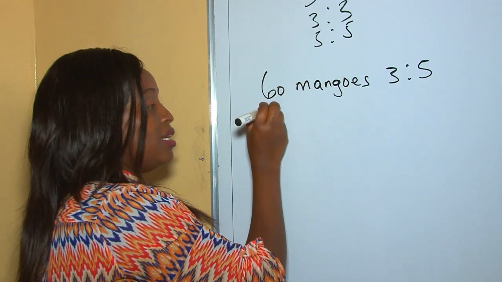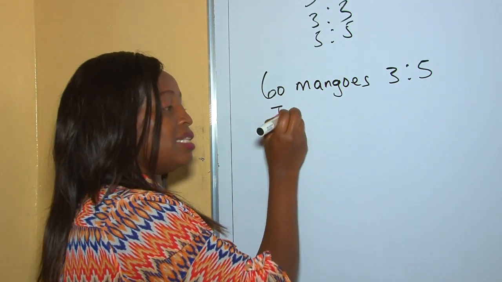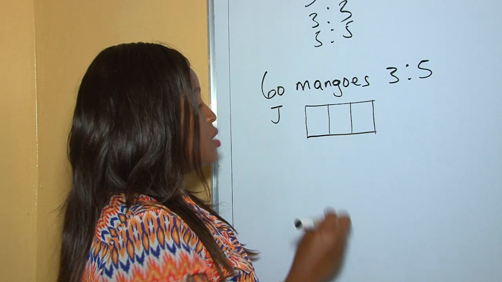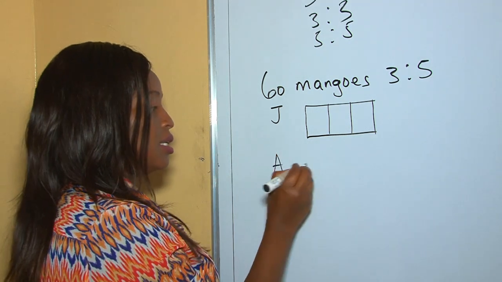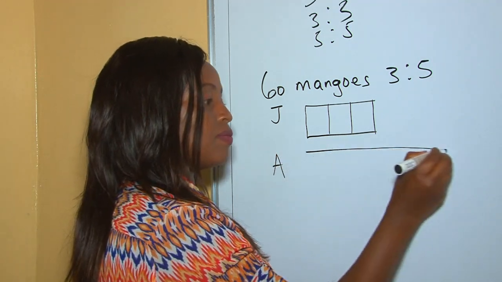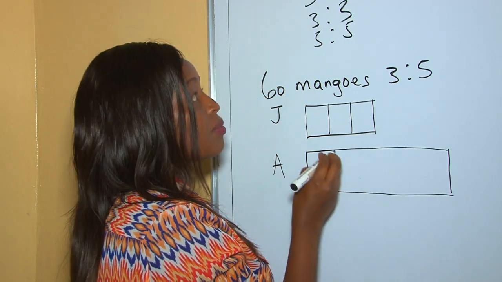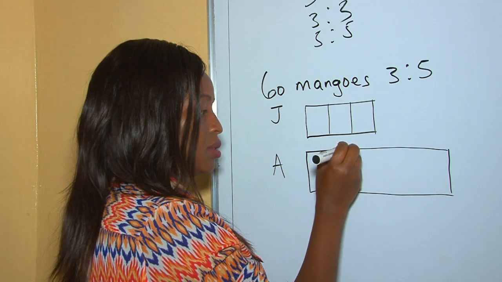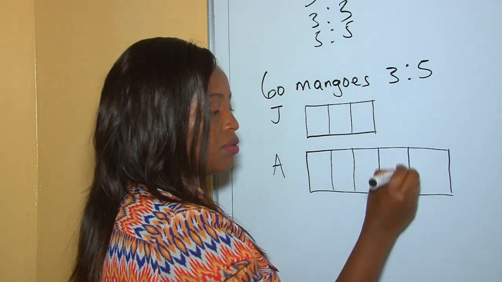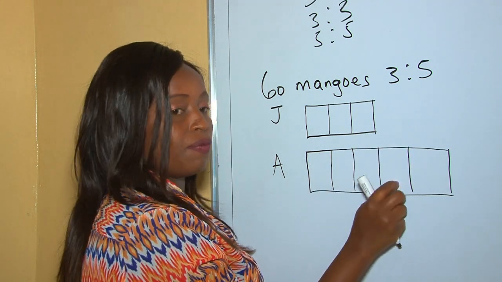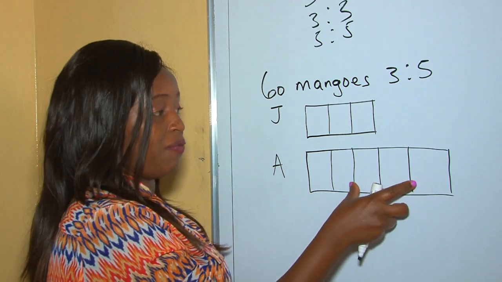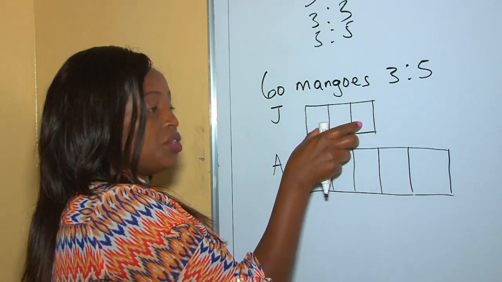So Jen here gets, Alice gets, 1, 2, 3, 4, 5. So Alice gets 5 parts, Jen gets 3 parts.